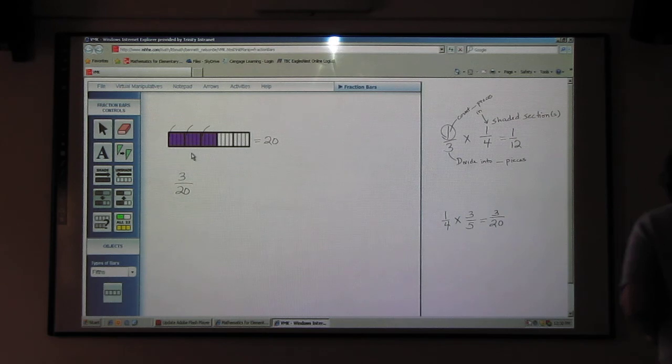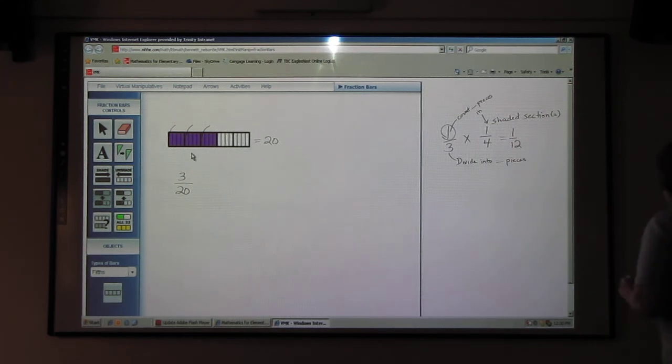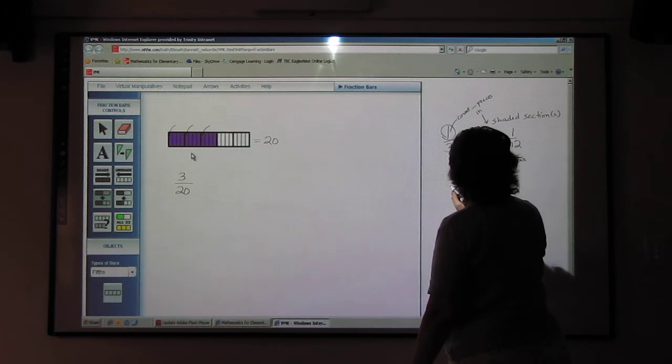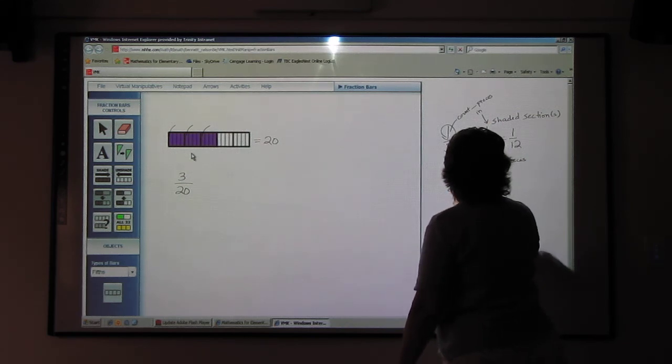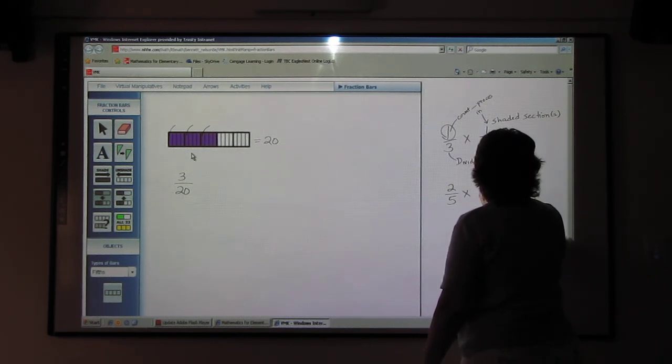Okay, let's do one more problem, which has a number other than 1 in both places. So let's see, since I have fifths out, let's do, well, that won't help, okay. 2/5 times 2/3.